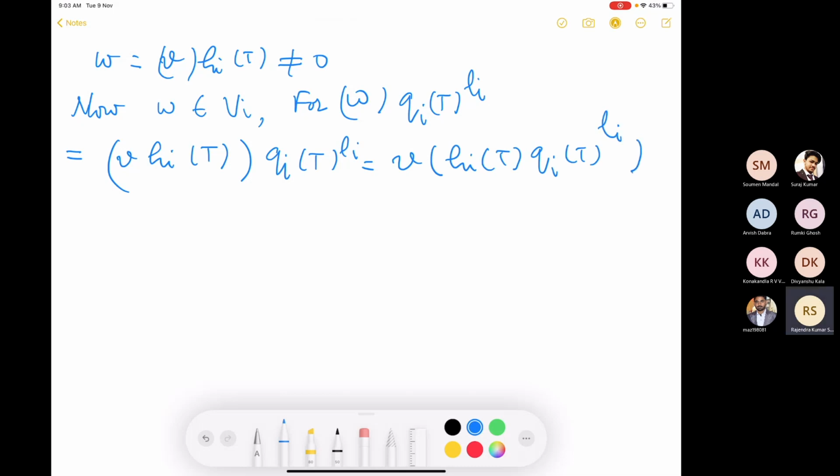Now this is p(T), so this is v p(T), which is equal to 0.